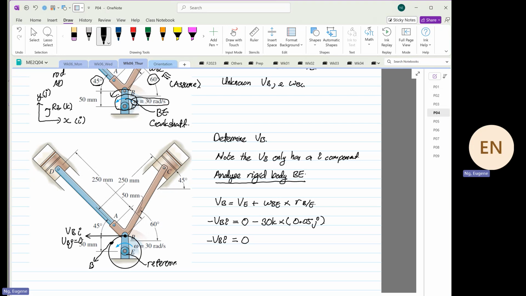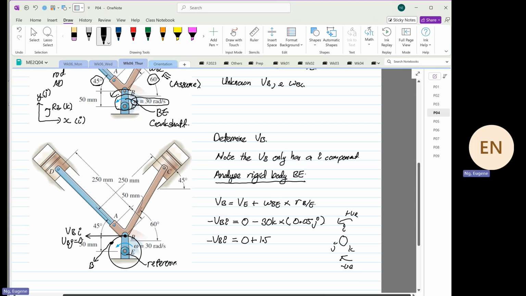VBI negative. K cross J, K cross J is negative, then this will be positive. K cross J, come on, Eugene. Too many things in my mind. Okay, so K cross J is I. So this is negative, so negative is positive, times 30 times 0.05, 1.5.